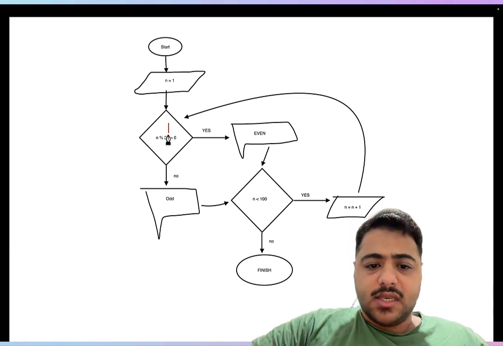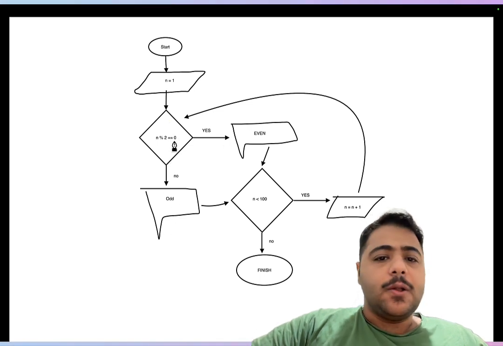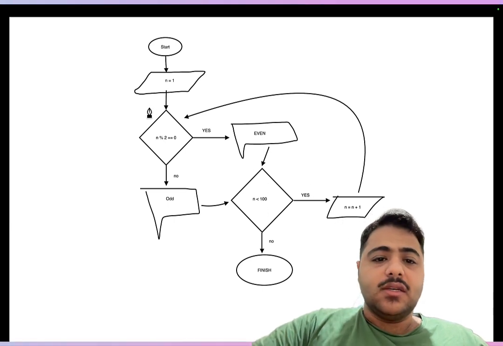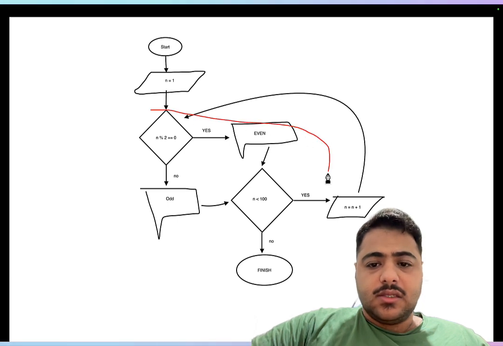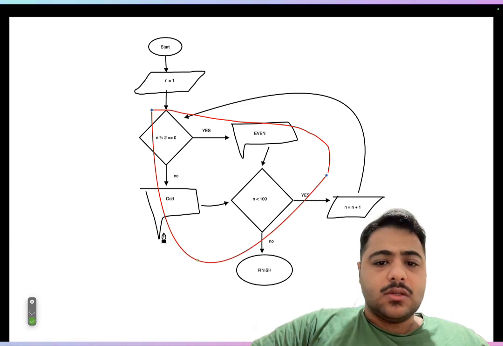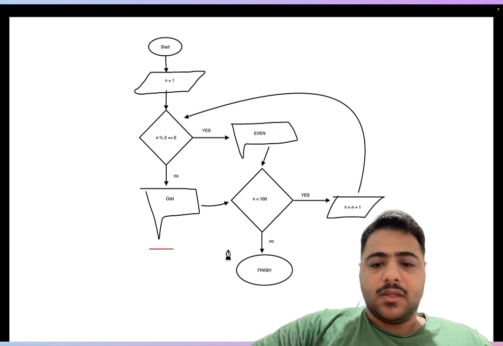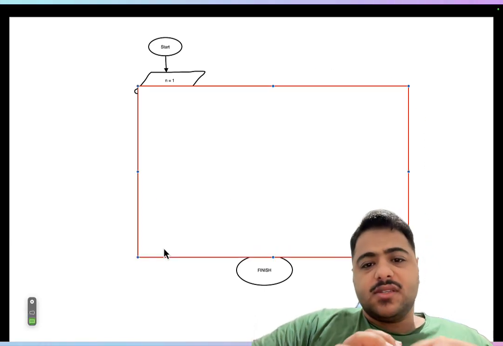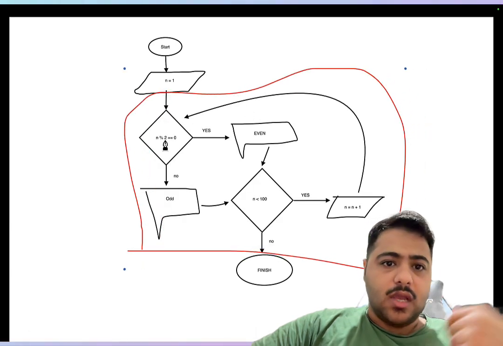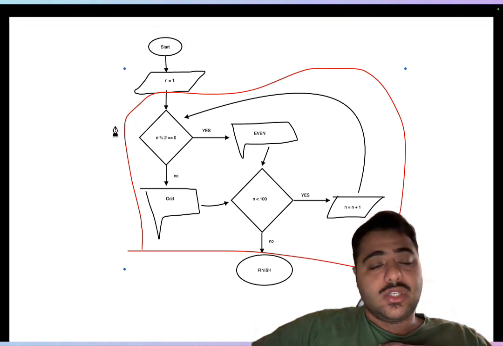We start from this if, and if it was yes or no, we're going to print something, and then we're going to hit another if, and this is going to be our loop part. Yeah, this is our loop. These 5 steps are actually our loop. A loop has 2 sections actually.